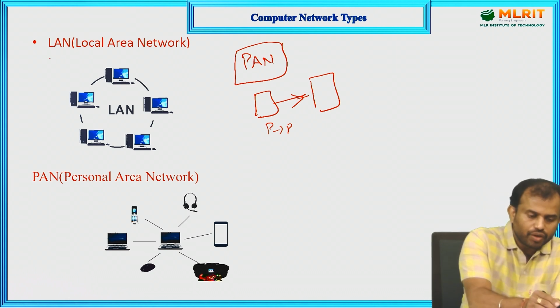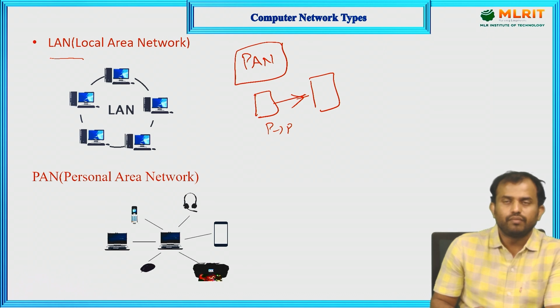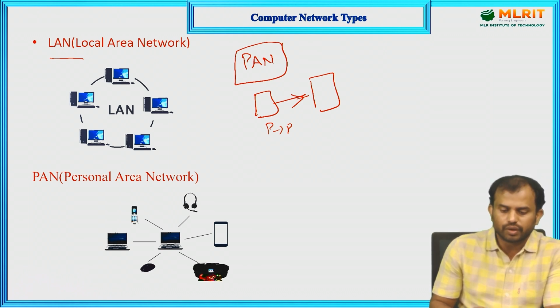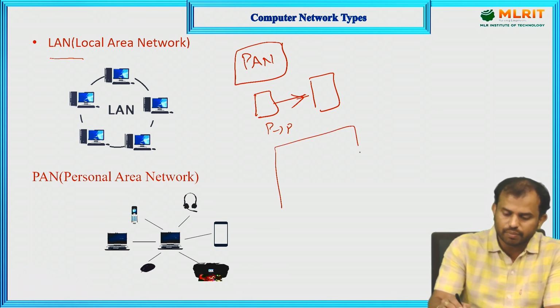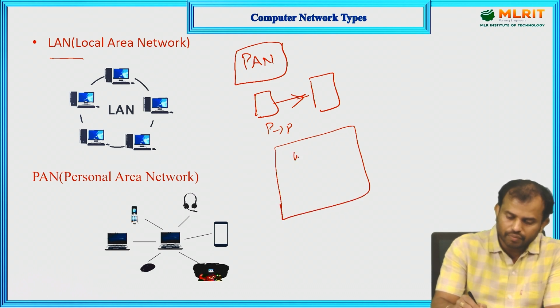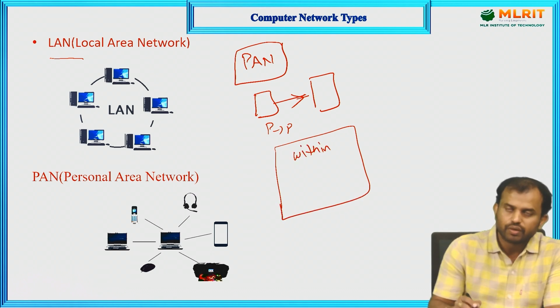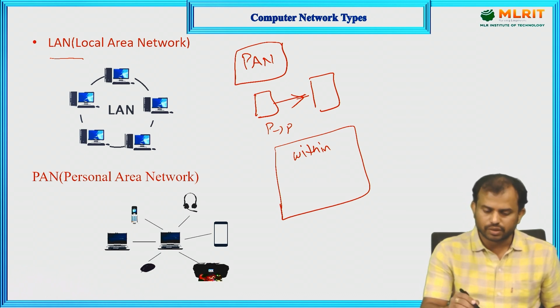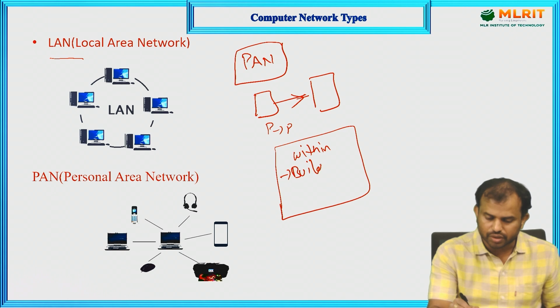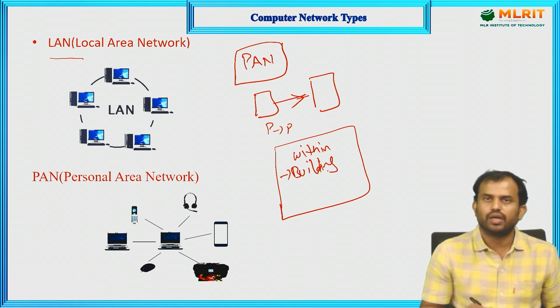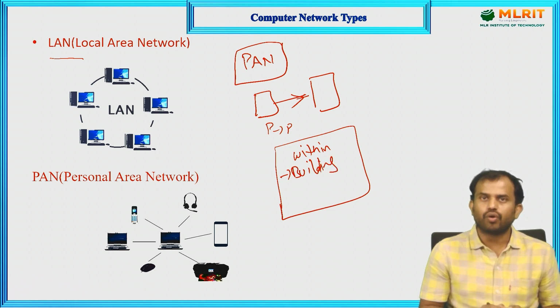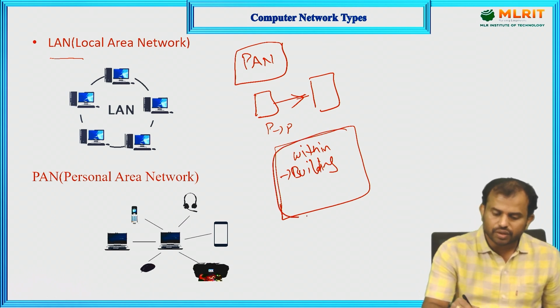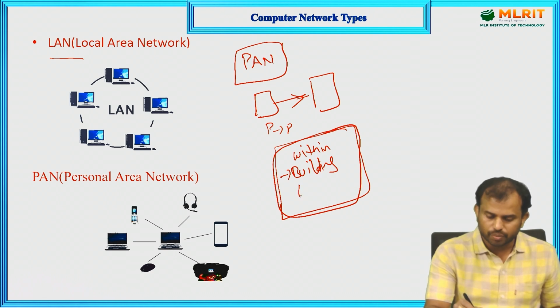And the next one we call the local area network. What is a local area network? It is a structure of similar structure. Within a building or within a smaller, limited area, we use this local area network, like small buildings and small office structures. In a local area network I can accommodate hundreds or thousands of computers, but they should be present within the region only, with speeds in the range of 100 kbps to 100 Mbps.